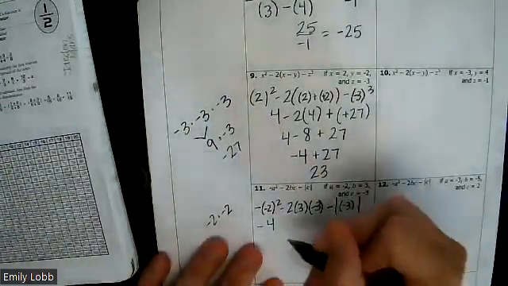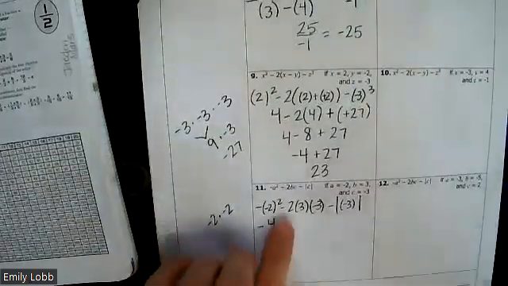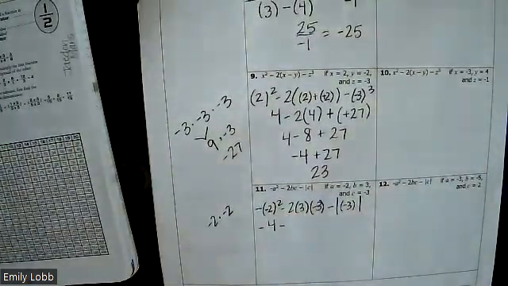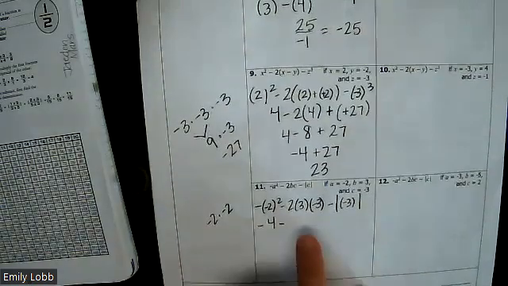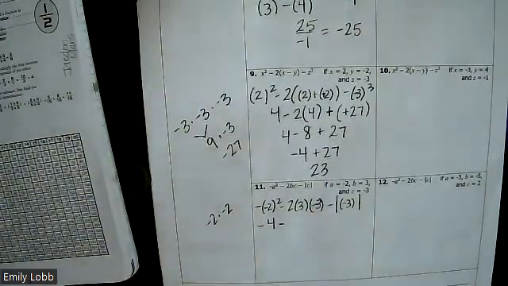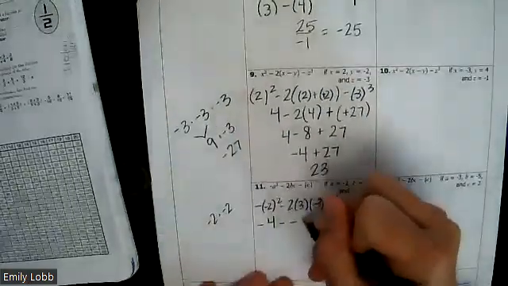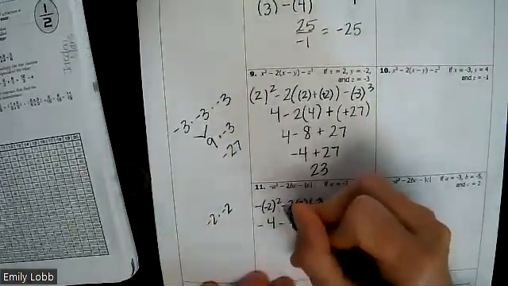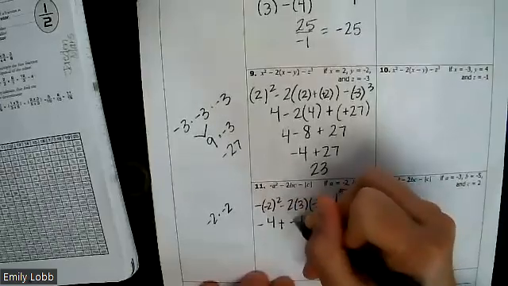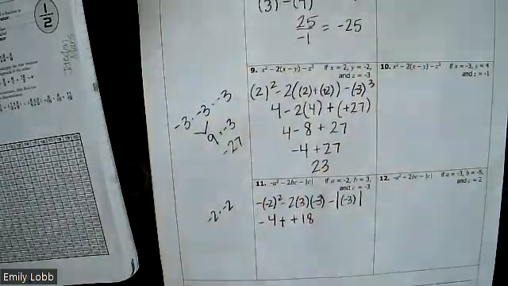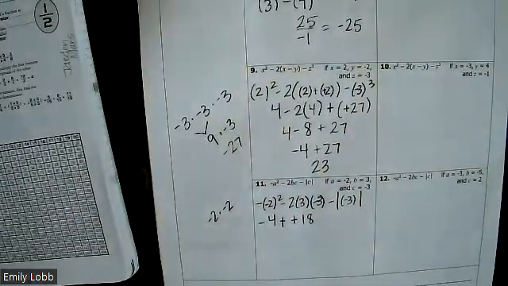Now we've got to multiply. What's 2 times 3? 6. 6 times negative 3 is negative 18. But if you notice, we have that minus times that negative 18. We got to switch. That's where it gets tricky. So when we had a minus a negative 18, we had to add there.